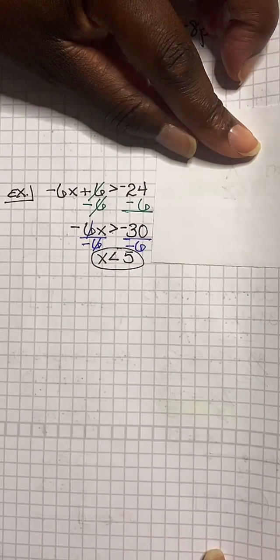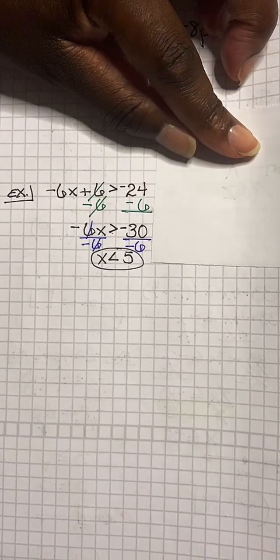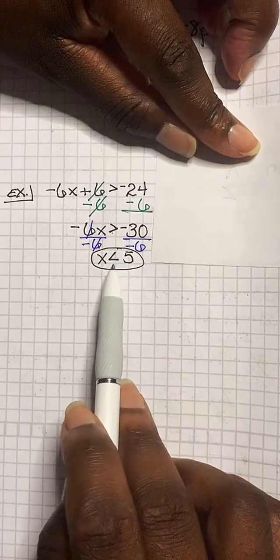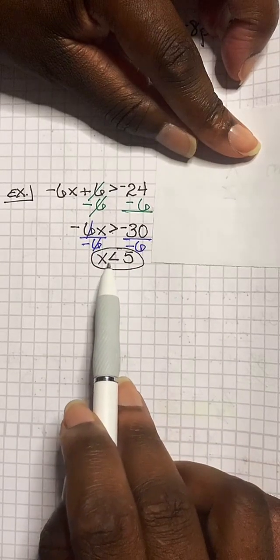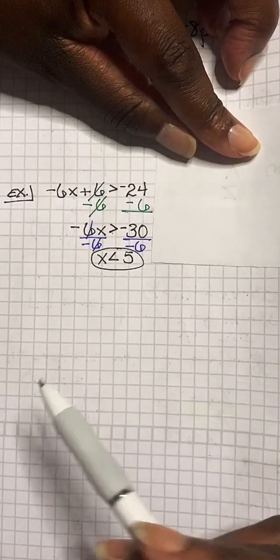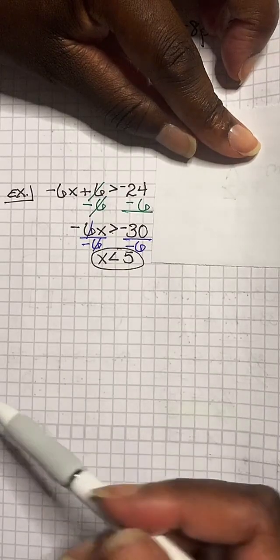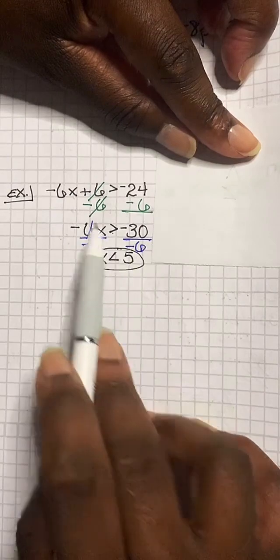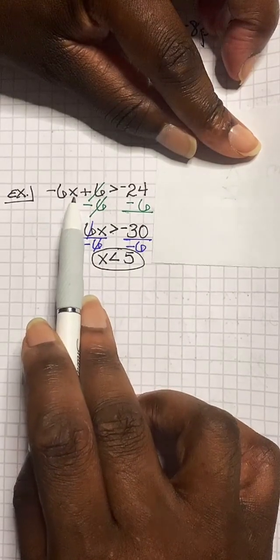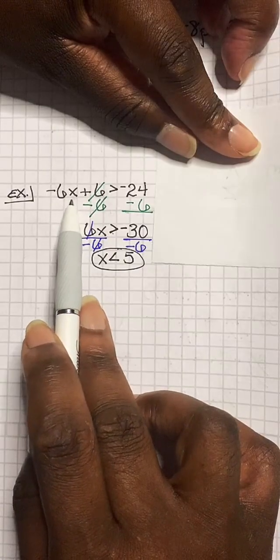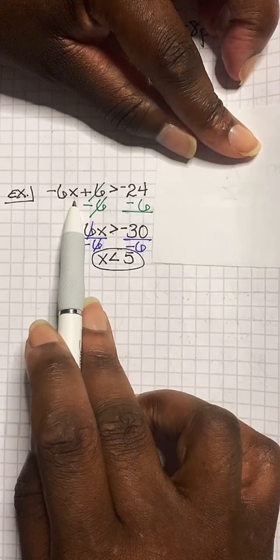Why does it flip? Because if we don't flip it, then you get x is greater than 5, right? If I pick a number greater than 5, let's say 10 for some crazy reason, and plug 10 back in for my x, negative 6 times 10 will give me negative 60.